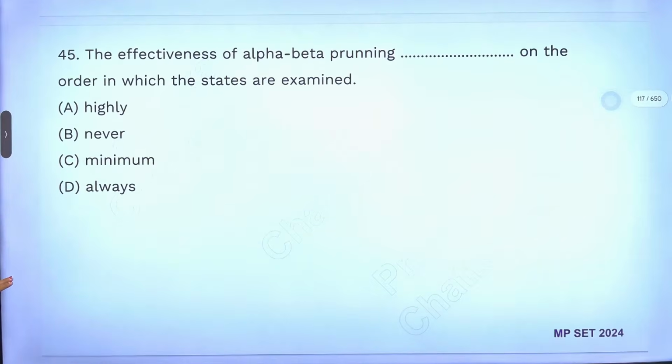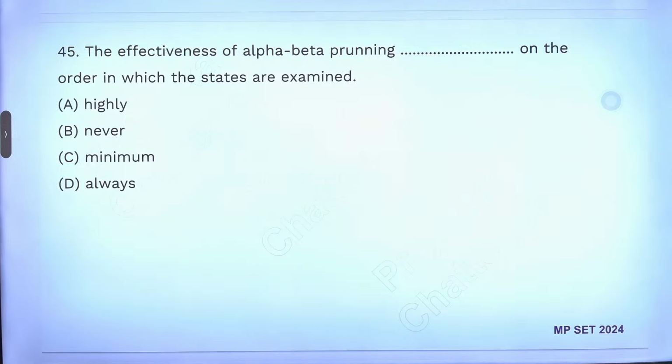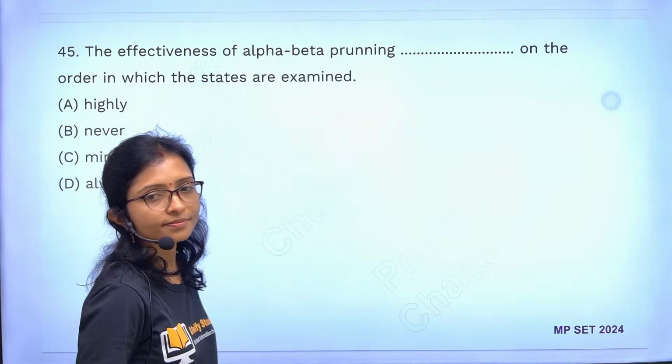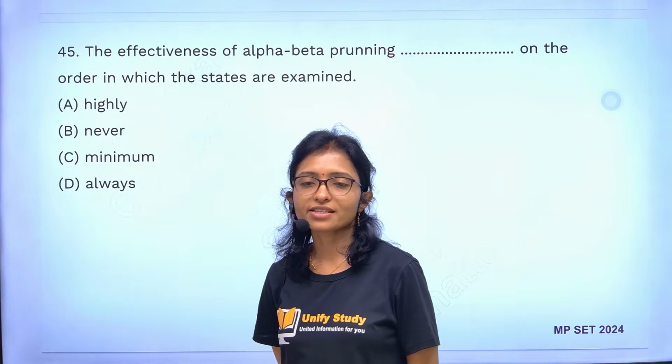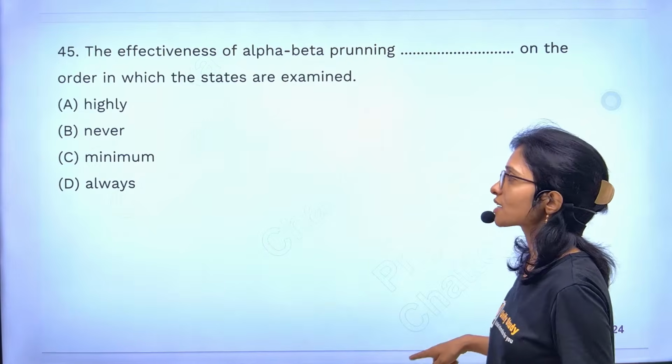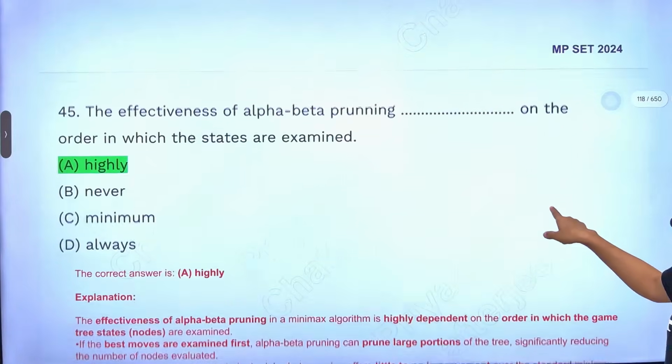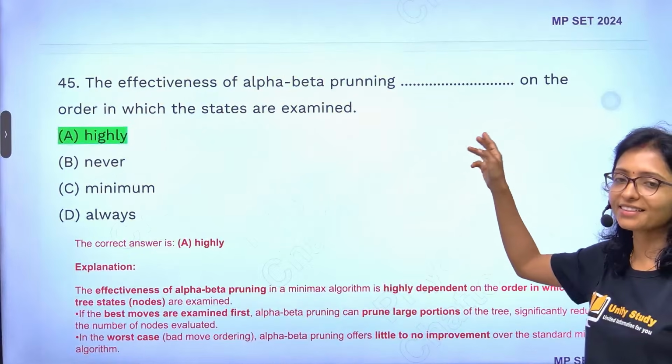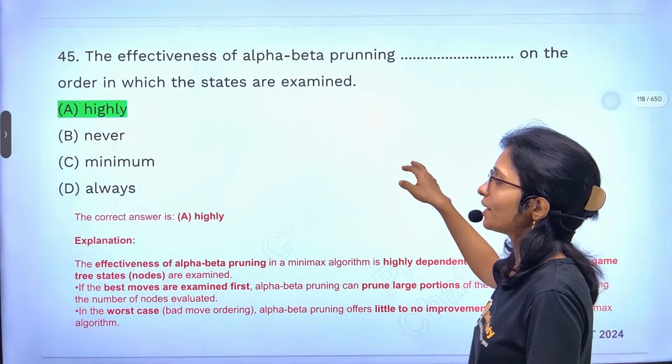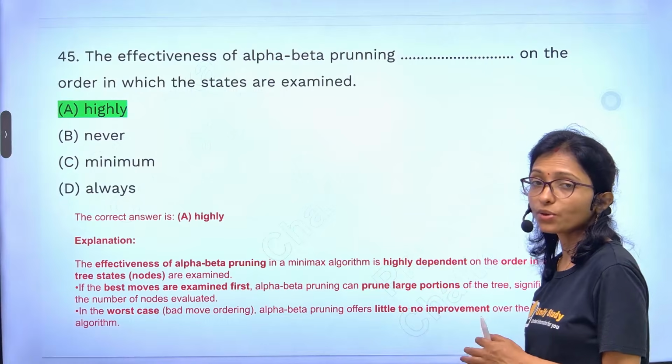Now, next, the effectiveness of alpha beta pruning. The effectiveness of alpha beta pruning dash on the order in which the states are examined. This question was a statement type question in UGC NET, and they made it like a fill in the blank. It is always highly dependent on how you are visiting.